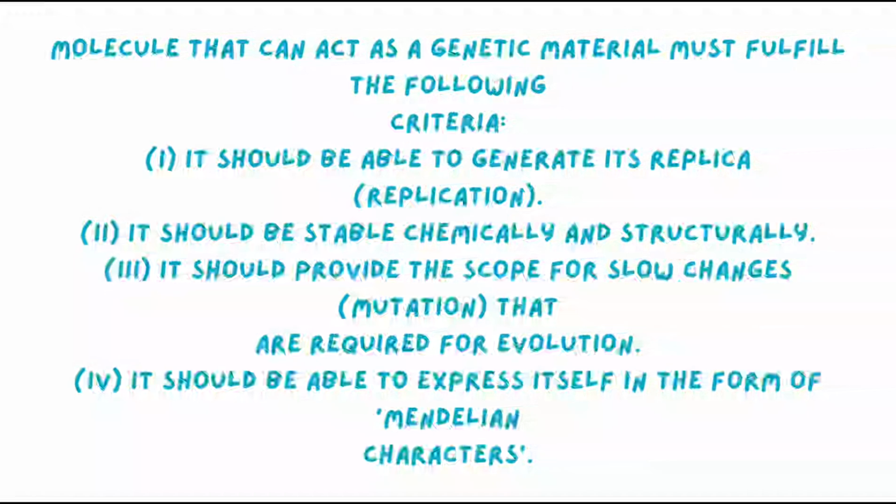And it should be able to express itself in the form of Mendelian characters. If one examines each requirement one by one, because of the rules of base pairing and complementarity, both nucleic acids, that is DNA and RNA, have the ability to direct their duplication, and other molecules in the living system, such as proteins, fail to fulfill this criterion.